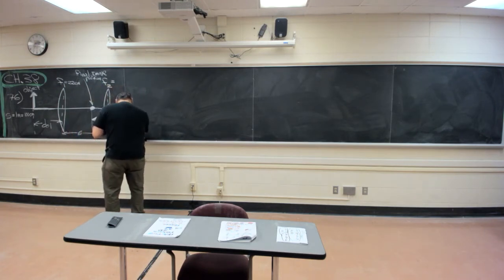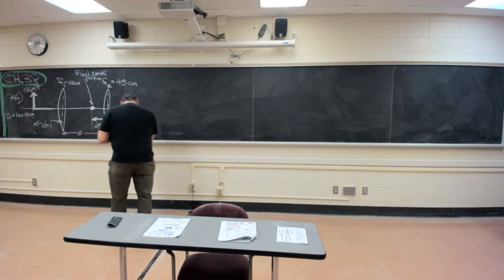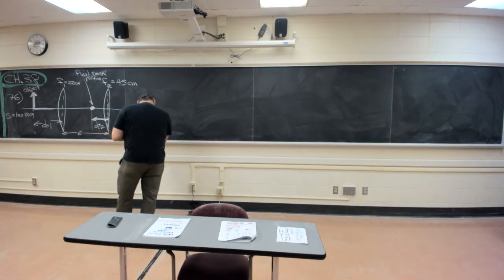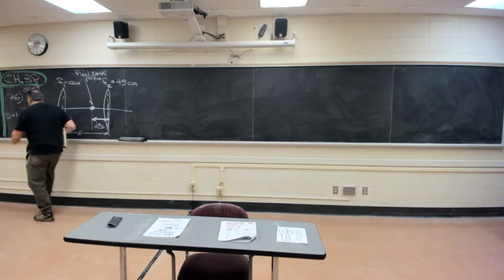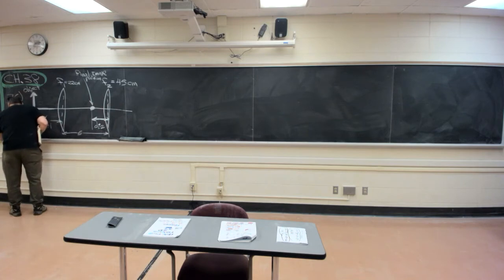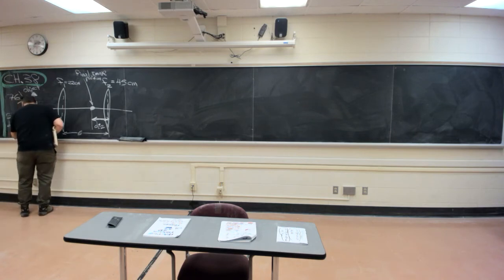F2 is 45 centimeters. DI2 at the end of this whole thing, when this all took place, is 15 centimeters. We're going to have to figure this out.